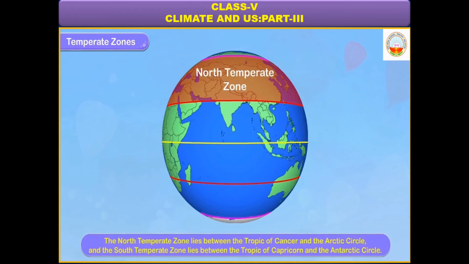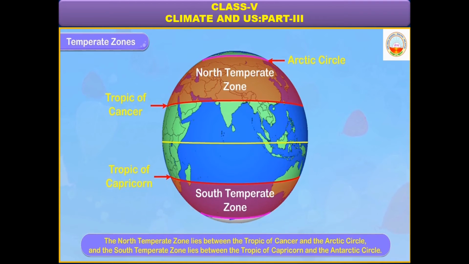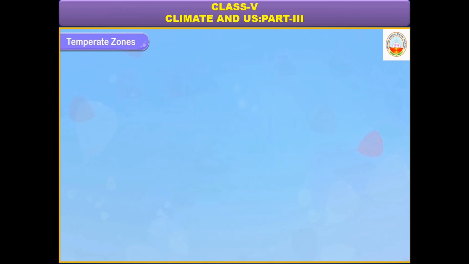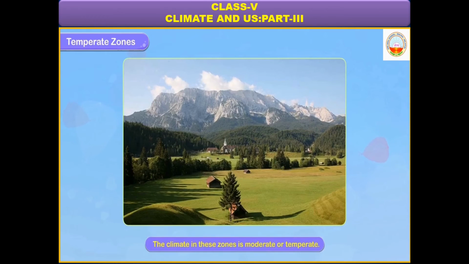The north temperate zone lies between the Tropic of Cancer and the Arctic Circle, and the south temperate zone lies between the Tropic of Capricorn and the Antarctic Circle. The climate in these zones is moderate or temperate.